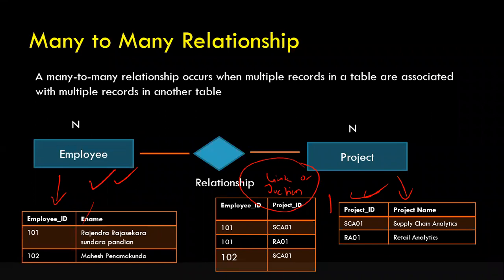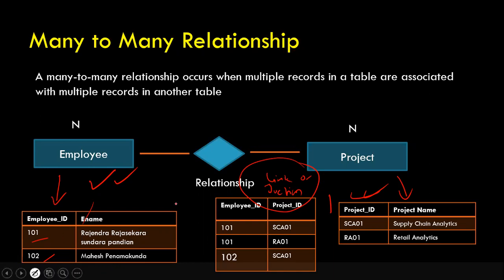Now the question is why the link table is required. For example, in the employee table, employee ID is the unique key. As I discussed in the last session, you cannot have duplicate values in the employee ID. Only then can you uniquely identify which Rajendra is which. Two employees can have a similar name, but with the employee ID we can identify, this guy is 101, this guy is 103.